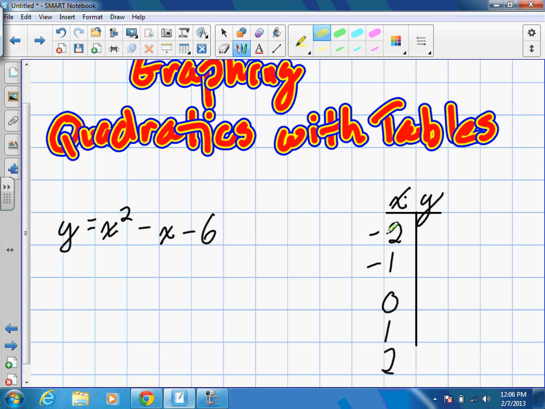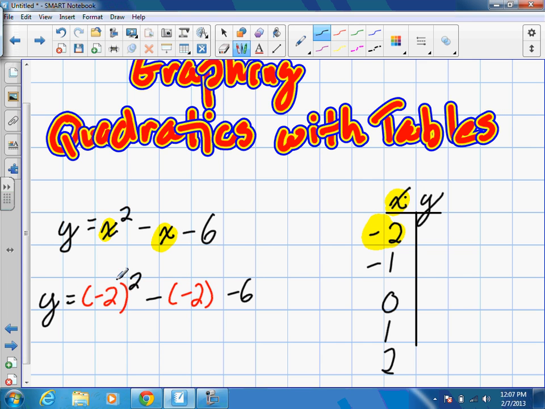Our x value, we still plug it in for the x in this equation. Both. Because there's two of them, we have to do it twice. So y is equal to, I just replaced the x with -2, is still squared, minus, so if you guys notice, minus -2, minus 6.